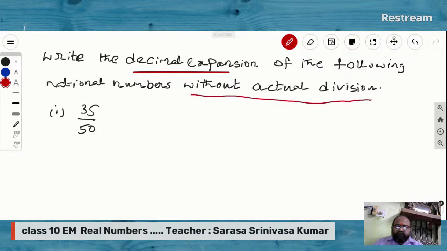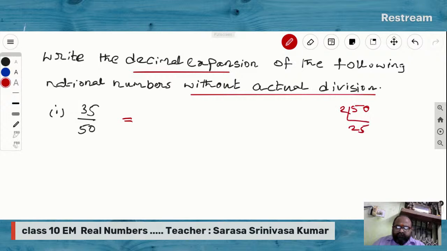We did some problems based on this model. So we can find the prime factors for 50: 2 25s, 5 5s. So we can write 35 by 50.